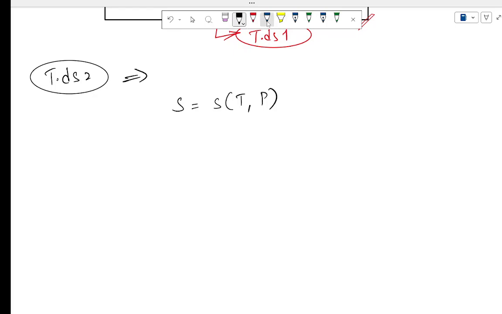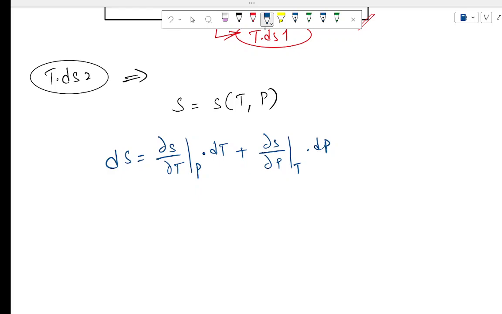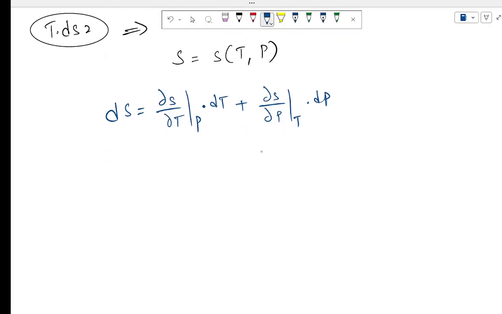For this, I can write that dS is equal to, similar to what I have done for TdS1, ∂S by ∂T at constant P into dT plus ∂S by ∂P at constant T into dP. This expression I will get based on the principles of partial differential equations, and even your units will balance accordingly in this particular fashion.